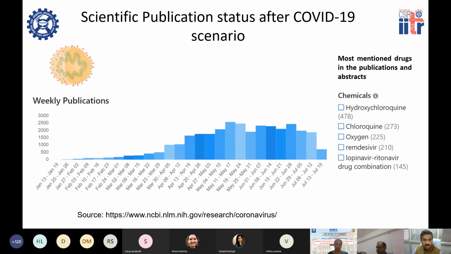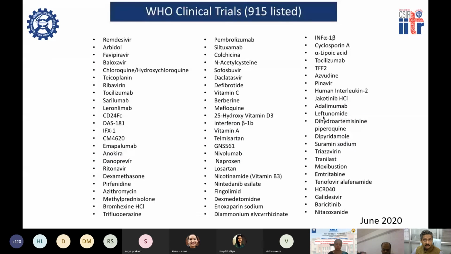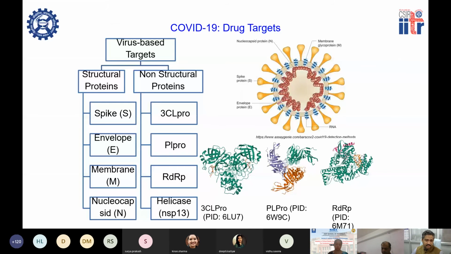There are more than 915 listed in WHO clinical trials, and many of them are now in much more advanced stages. This is the word cloud we identified, where chloroquine and hydroxychloroquine were gaining much more importance at that time. So we took them and started virtual screening against various structural and non-structural proteins.